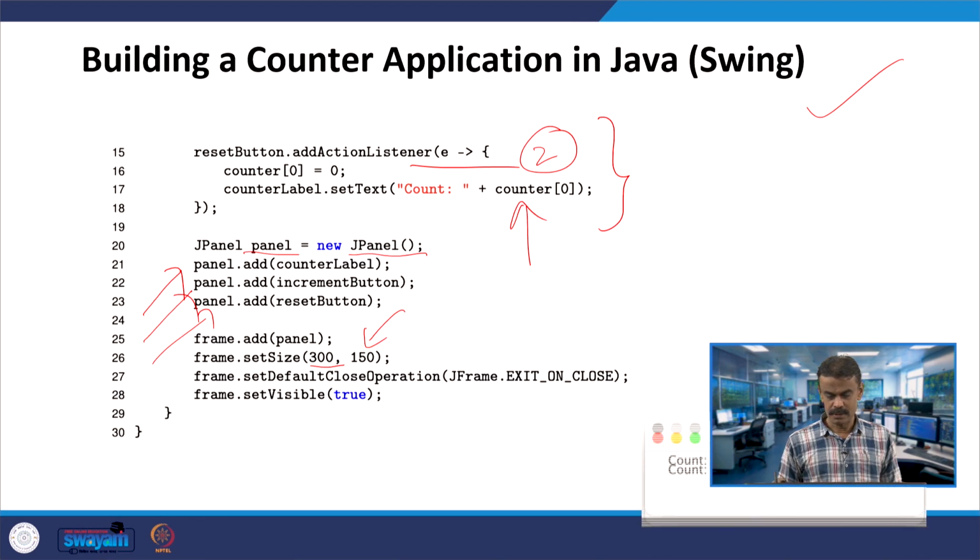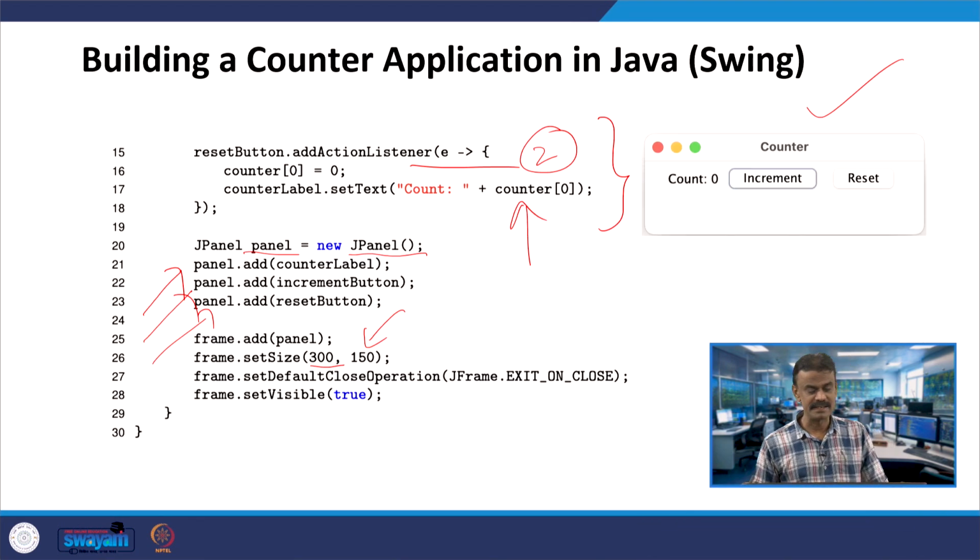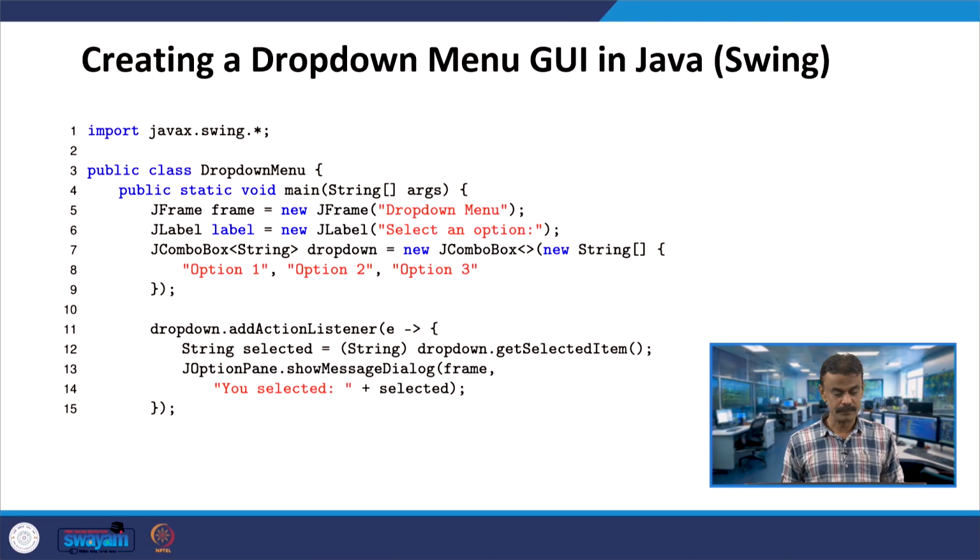We have seen several interesting programs with the help of a graphical user interface. Maybe one more program we can see: the drop down menu, which we have used in several softwares. Can you create a drop down menu?